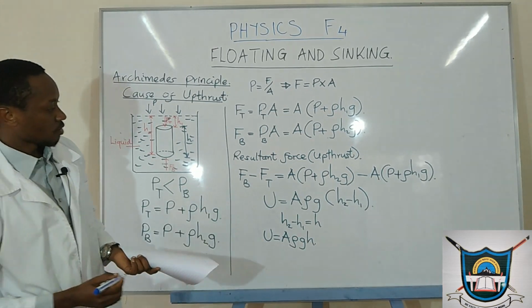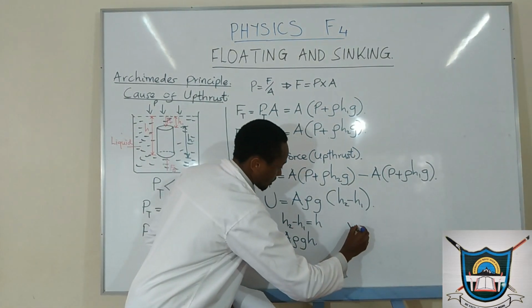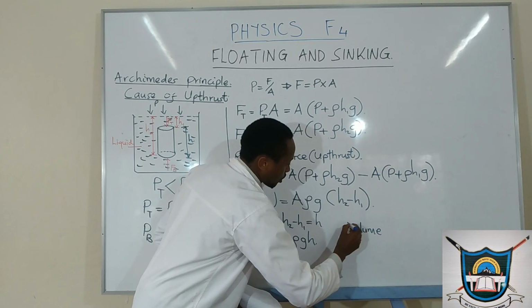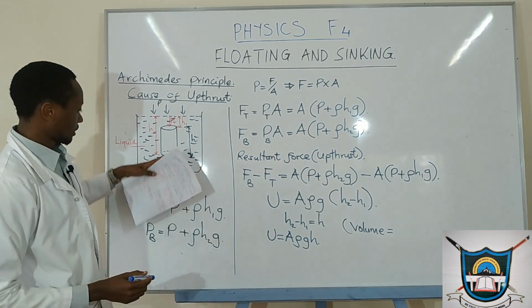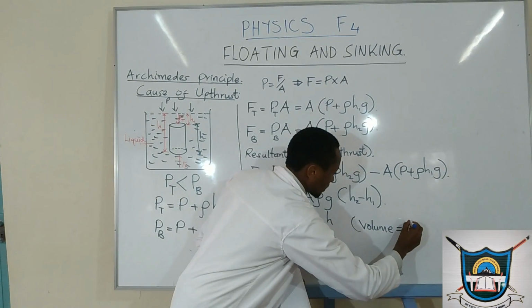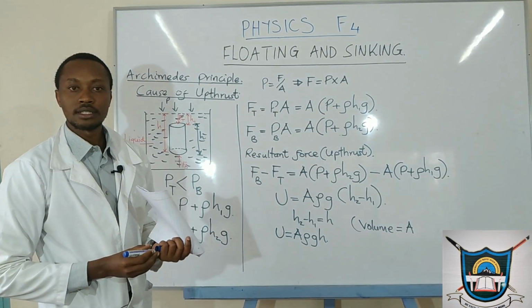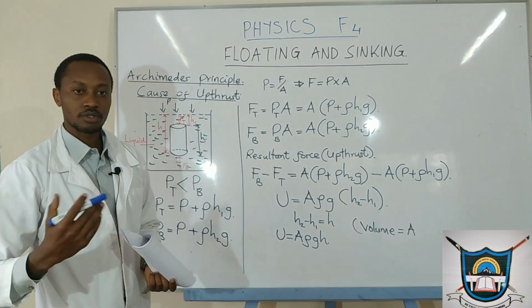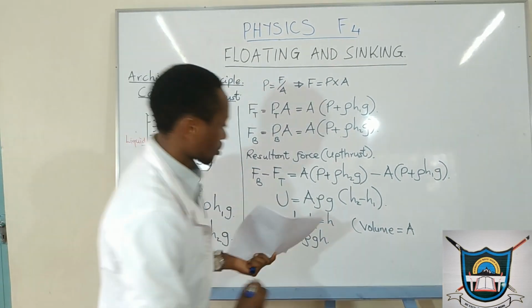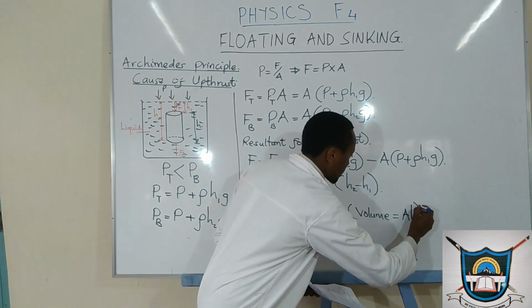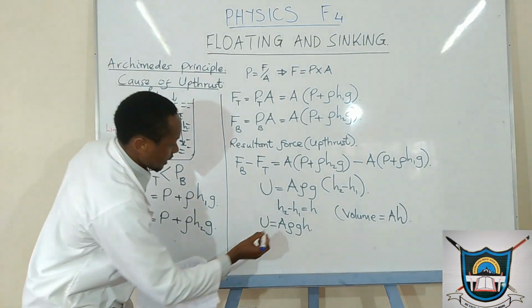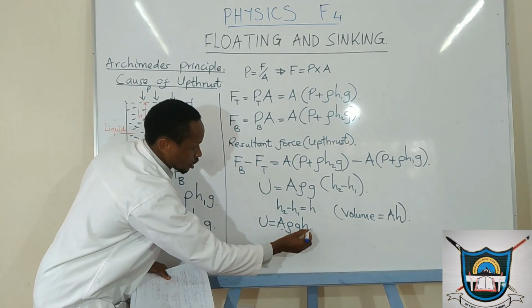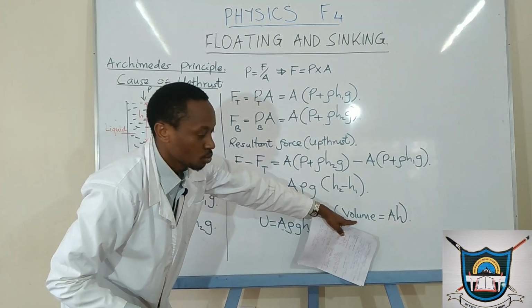But we know, from some mathematics which you know, that volume will be given by the cross-sectional area, which is A, times what, student? A volume is given by cross-sectional area times what? Height. So we say times height. Therefore we can rewrite this equation here. Instead of writing A and H, we substitute it with volume.